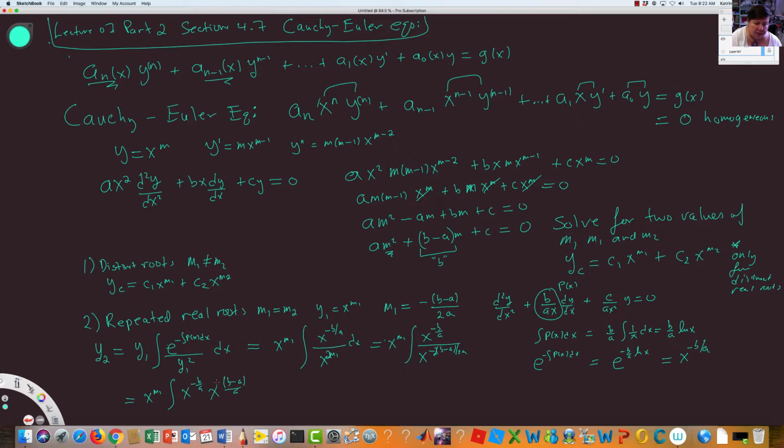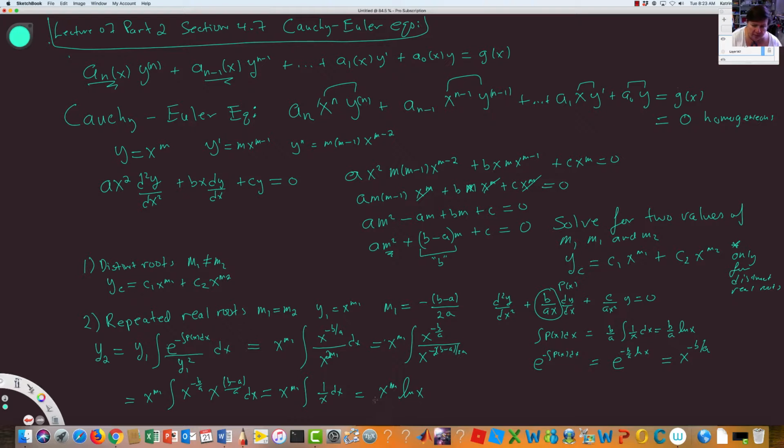So notice when we add these two exponents that this minus b over a will cancel with this b over a, and then I'll just get minus a over a, and this is dx, of course. So we got x to the m1, and then I have x to the minus a over a, which is minus 1, so I get 1 over x dx.